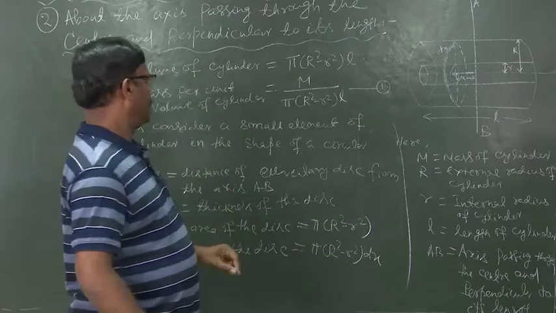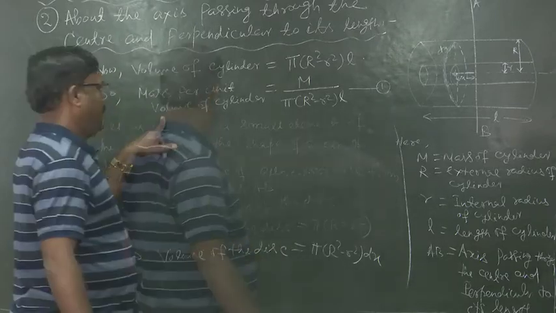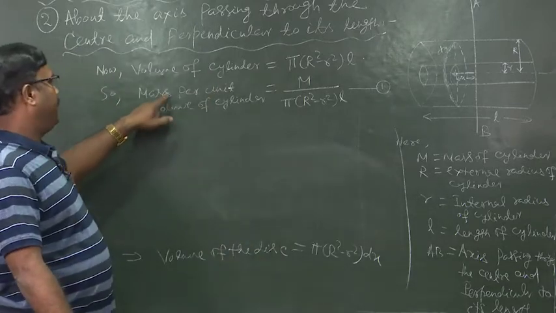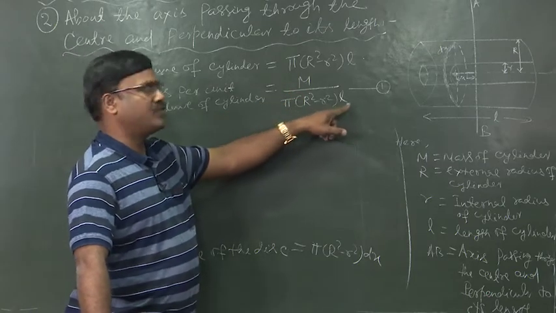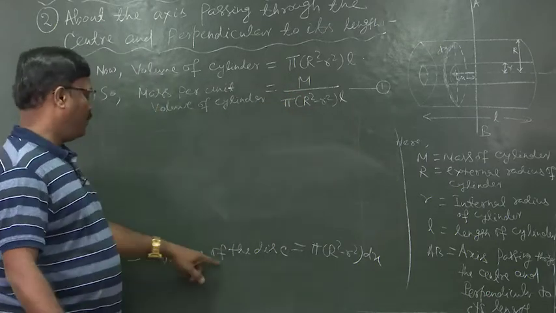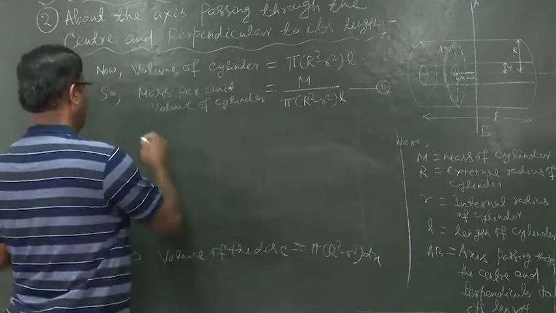Now, we can find the mass of the disc. Here we have calculated the mass per unit volume of the cylinder to be m by pi (R square minus r square) into L, and the volume of the disc is equal to pi (R square minus r square) into dx.